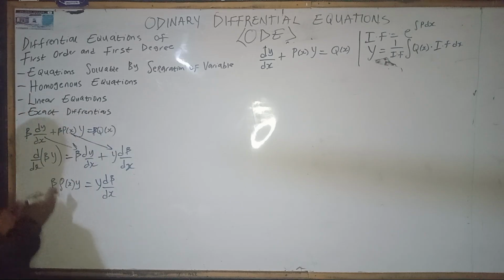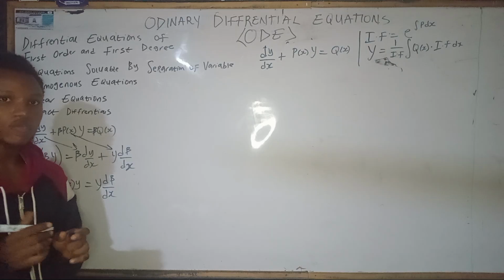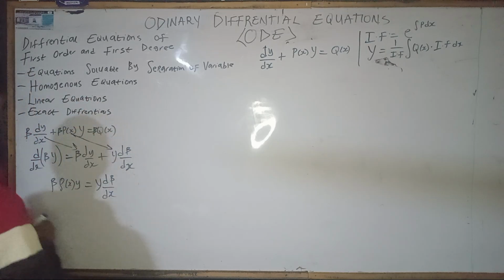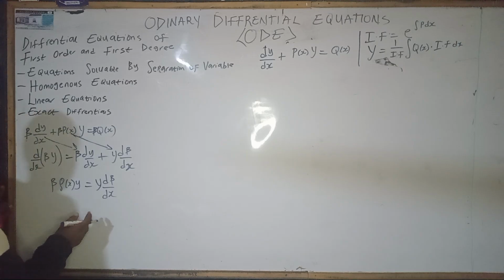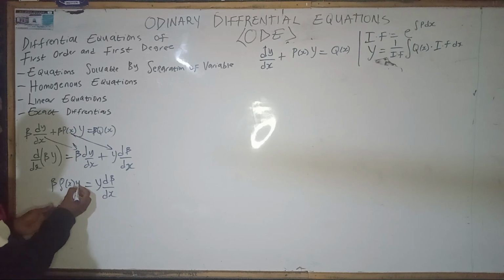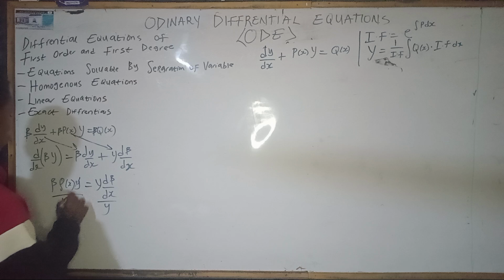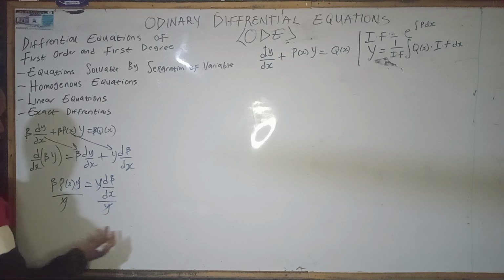So now let's look at this right here. We can see that this can be solved using separation of variables. We can just bring beta to one side and the functions of y to the other side. We see y here and y here, so we can divide both sides by y first, y cancels y.